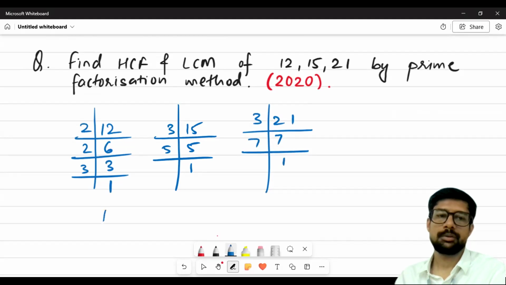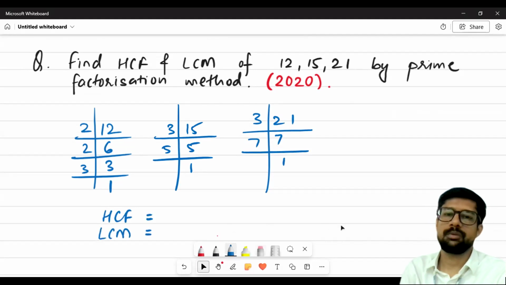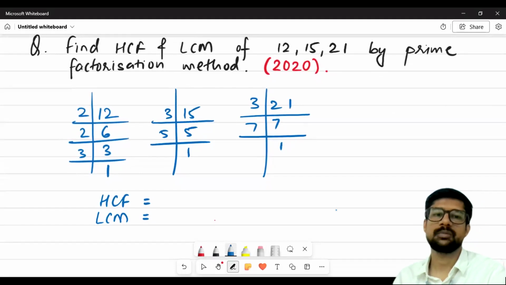Done. So in order to find the HCF, we will take the common part. That comes out to be 3 for now.